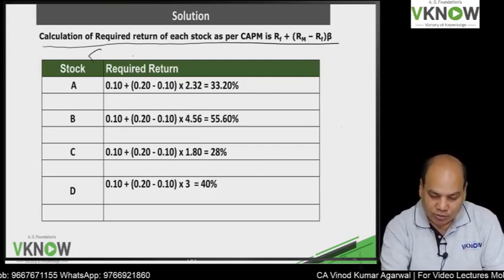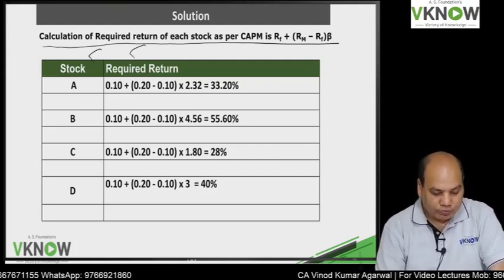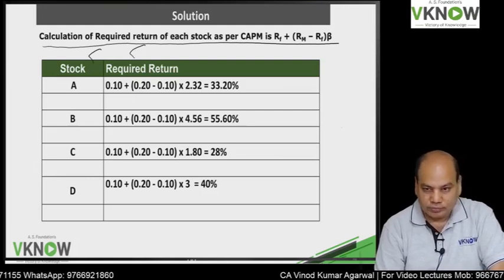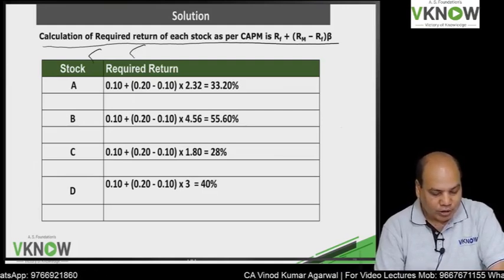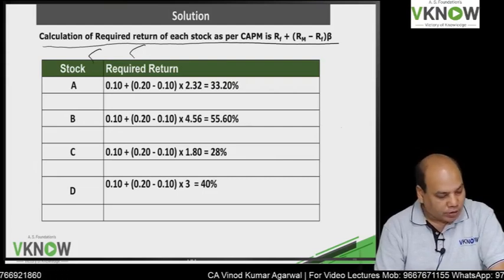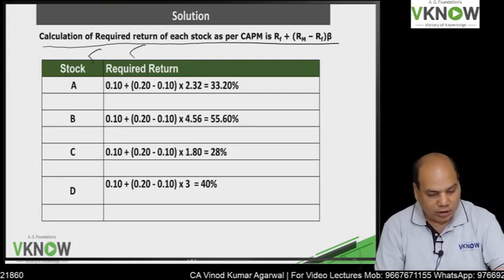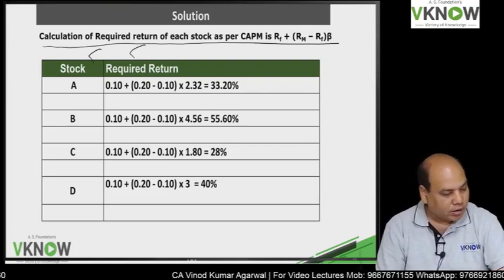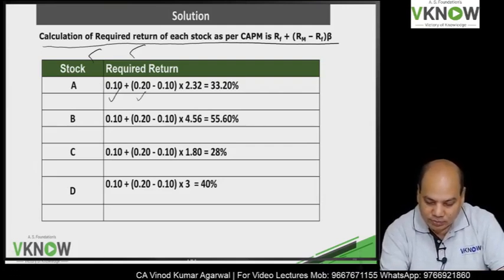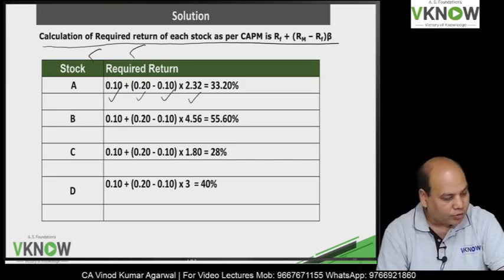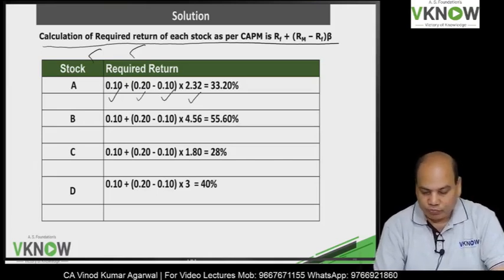Just draw two columns. Stock, required return. Stock, write down A. And keep the question in front of you. Everybody will understand. The risk-free return is 10% plus market return is 20% minus risk-free return 10% and beta of stock is 2.32.